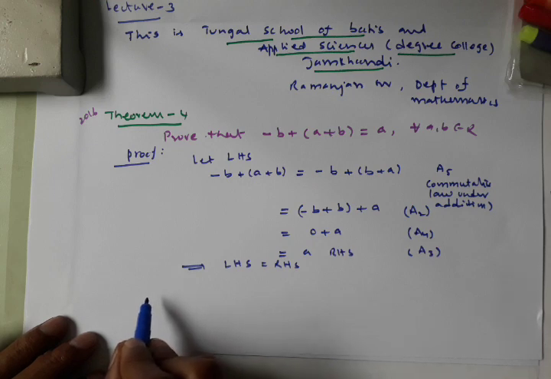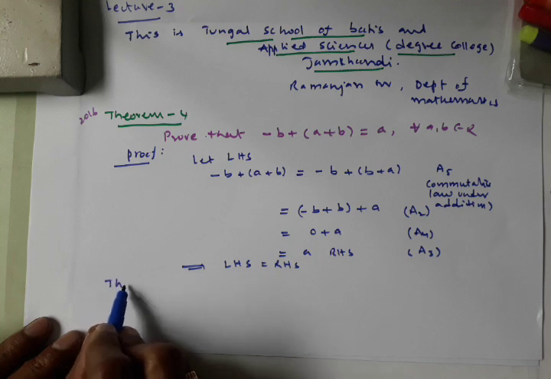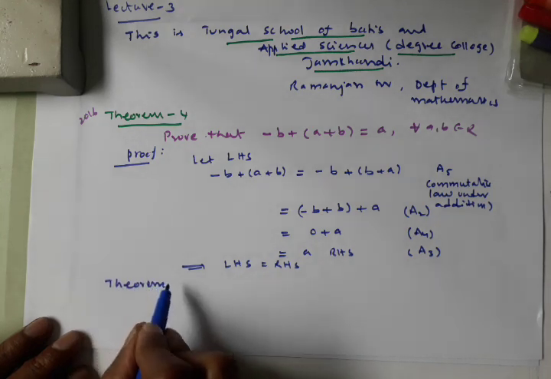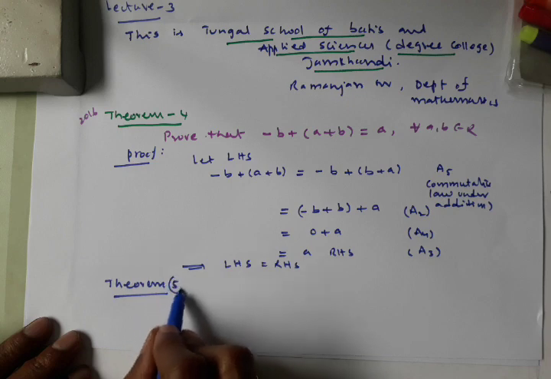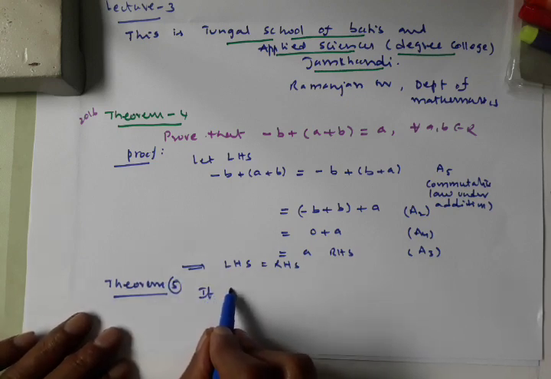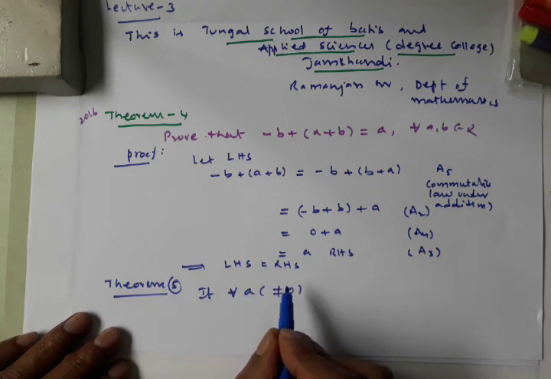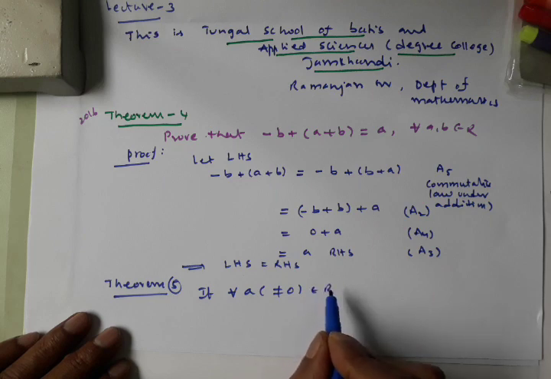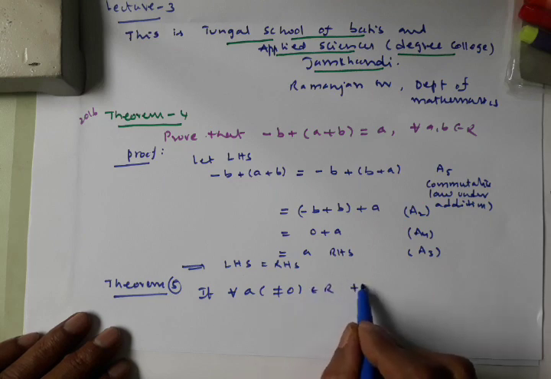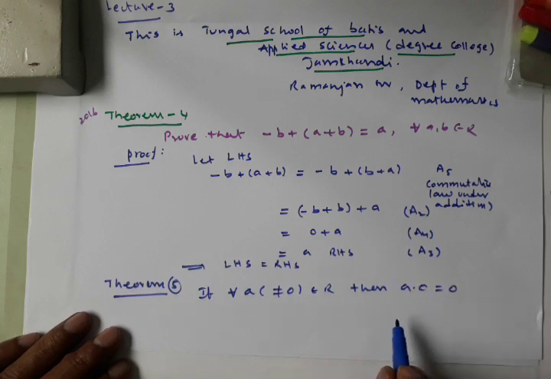So similarly, theorem 5. If for all a not equal to 0 belongs to R, then a into 0 is equal to 0. So previously we have 0 into a is equal to 0.